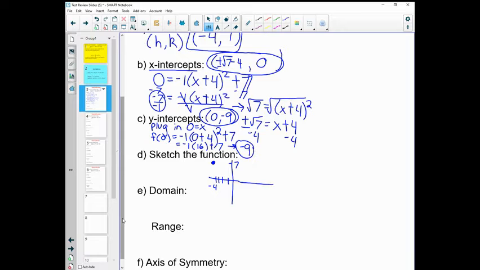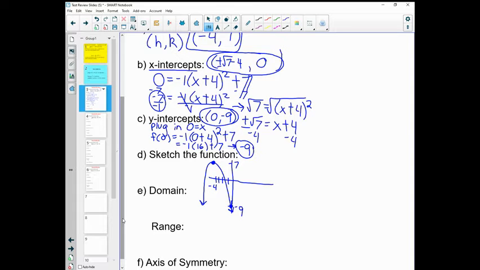We don't know exactly where that is, and you would need a calculator to know where that is on the graph. But we do know the y-intercept is at 0, -9 on the y-axis. Just by knowing that and knowing that this is a parabola that's going to make a U shape, I'm going to connect the dots together to draw my sketch. That's what your sketch is going to look like.